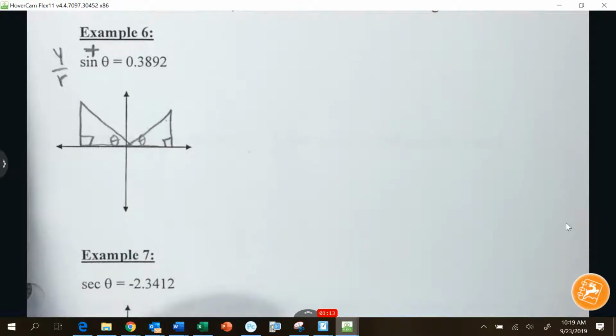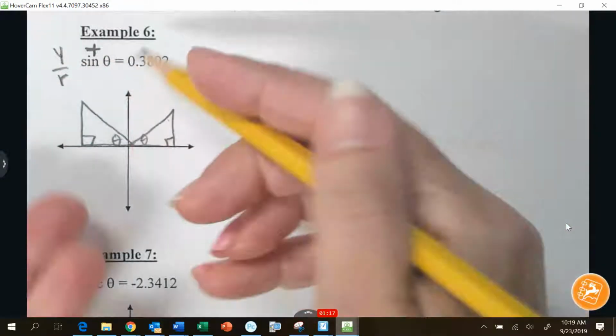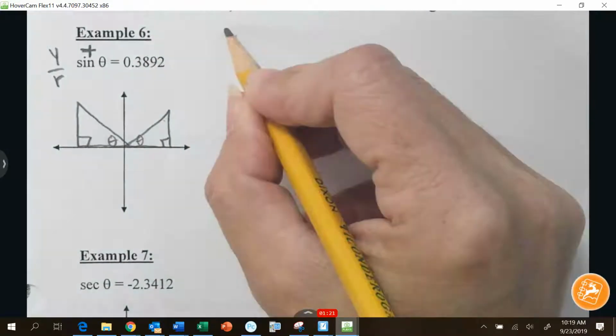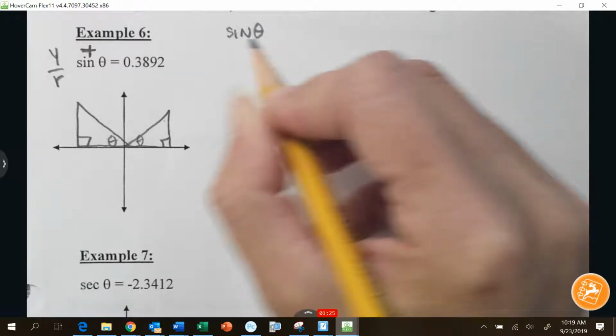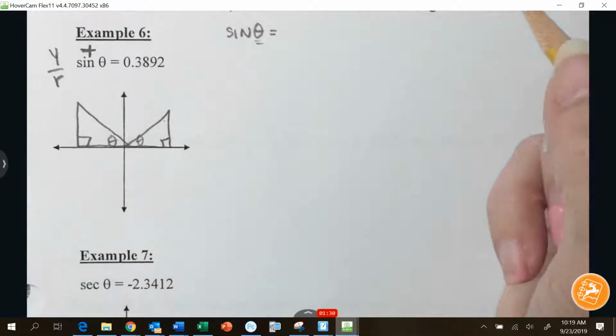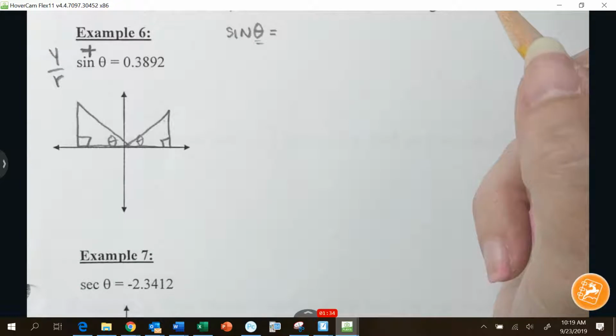So that's my first step. Now my second step is to actually find the theta. So if I was doing this the way I showed you the other day, rewrite it over here. What cancels out sine and leaves just theta? What is that called? It's not called sine to the negative 1.